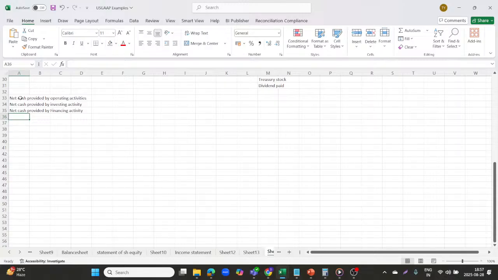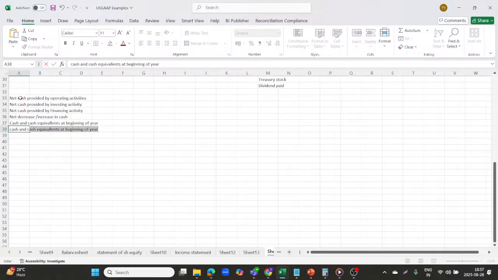Here it will tell you the net increase or decrease in cash, and then you'll have cash and cash equivalents at beginning of year, and then cash and cash equivalents at end of year. Okay, so this is how you prepare your direct method cash flow, and at the end you will show any supplemental disclosure if it is required.